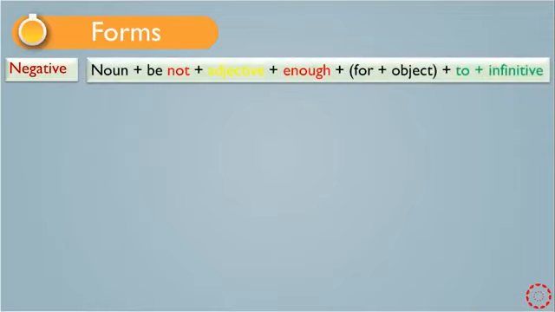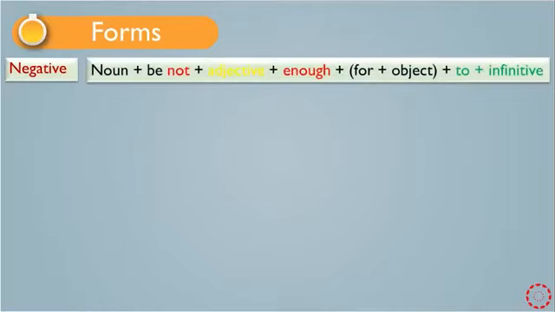The noun plus be should be followed by "not" because we talk about negative, plus the adjective, plus "enough."